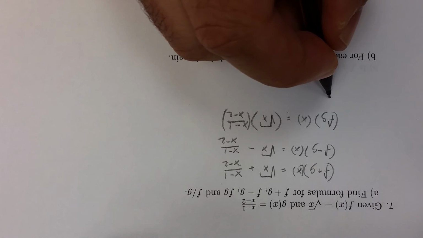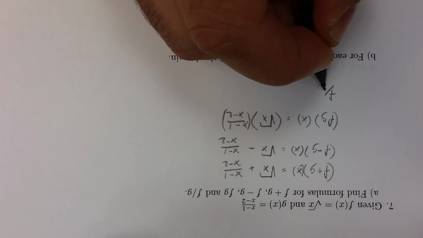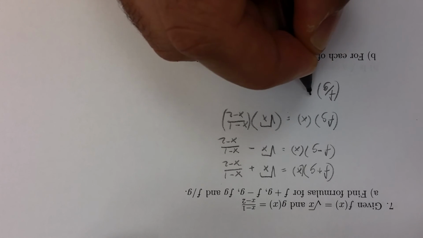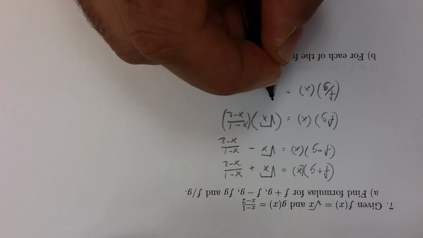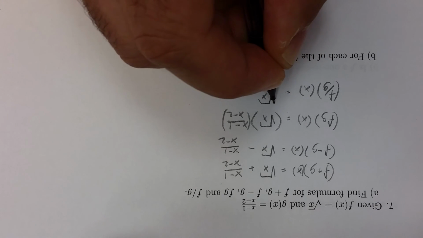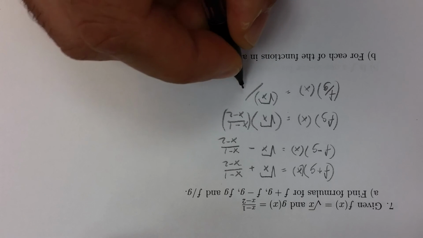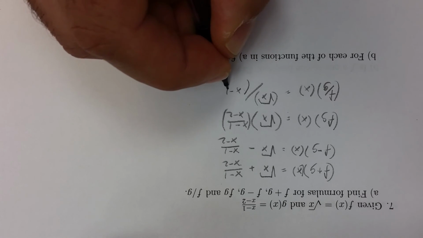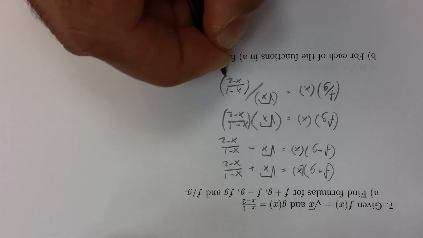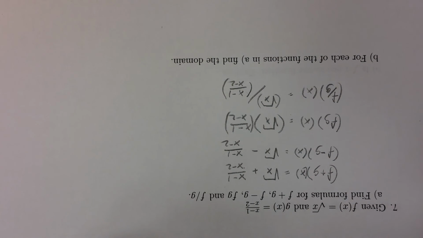And f divided by g, so square root of x divided by x minus 1 over x minus 2, probably the easiest thing we'll do all year.